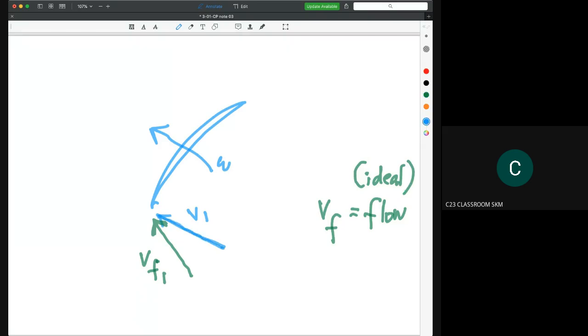Why is the real velocity flow at this shifted direction? Because it has resistance. So this resistance is called VW, and VW here is referred to as whirl.